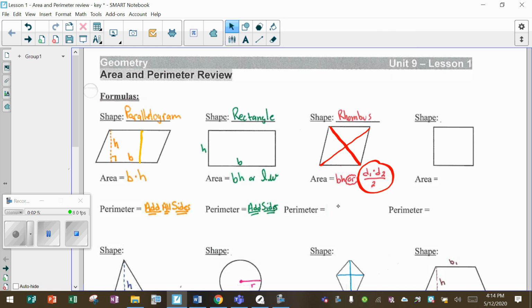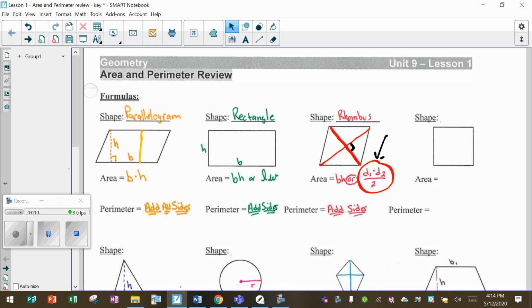If you're wondering why that is that way, it's because the diagonals are perpendicular, creating 4 equal right angles. And if you take the area of each one of those 4 triangles, combine them together, that can be reduced and turned into an easier formula that is half the product of the diagonals. How do you find the perimeter? Add up all the sides.